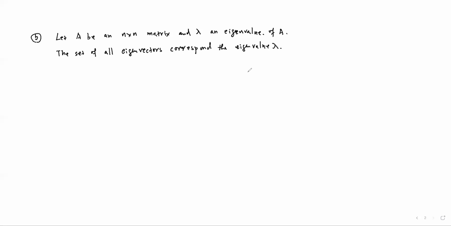Eigenvectors are non-zero vectors. So plus the zero vector. Okay, put all the eigenvectors together, and then also put 0. Then together we have a set.